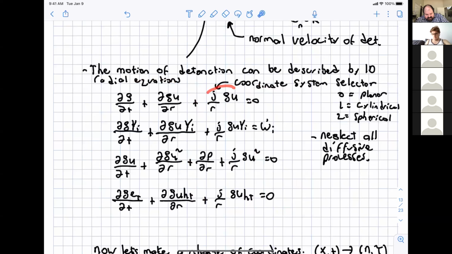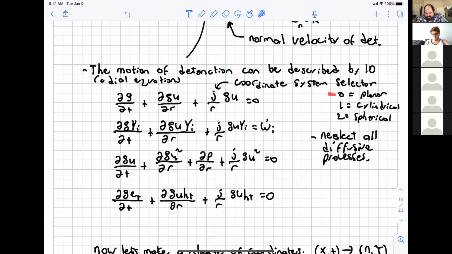It's just J over R times the flux quantity. So for conservation of mass, it's J over R times rho r u, where J here is the coordinate system selector. It's the same one that I showed you earlier. I can't remember what context that was for.